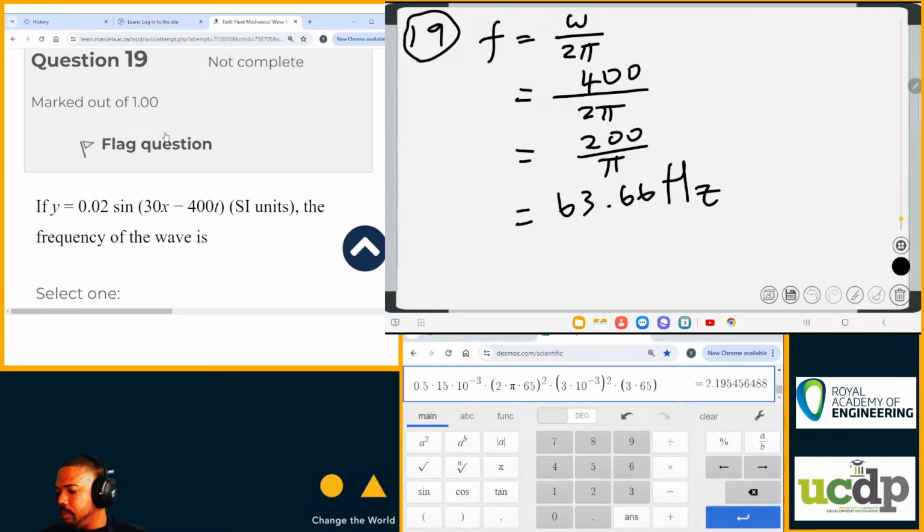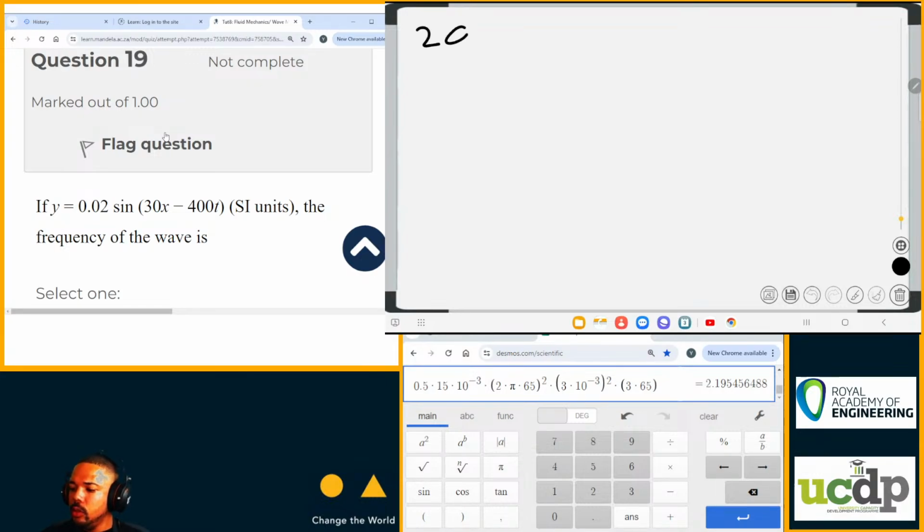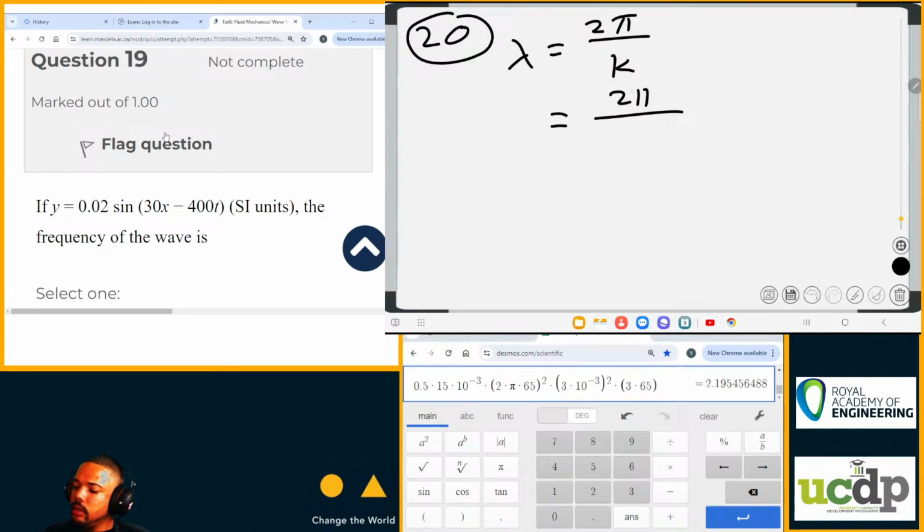I know I'm not going as slow, but this is basically you just need to plug stuff in. 20, for instance. Same thing. They want to calculate the wavelength, but we calculated the wavelength back at the beginning. Wavelength is equal to 2 pi over the wave number k. The wave number in this case is 30.